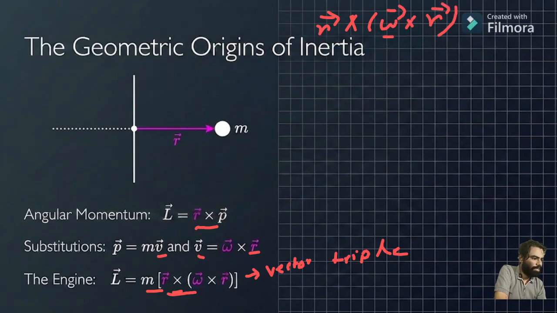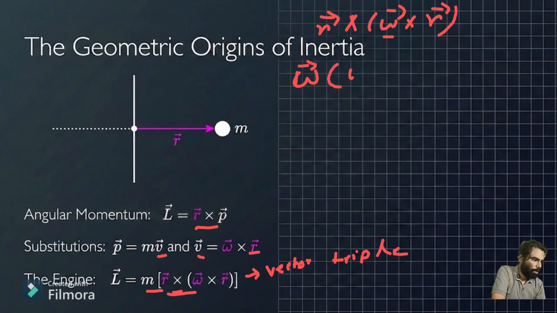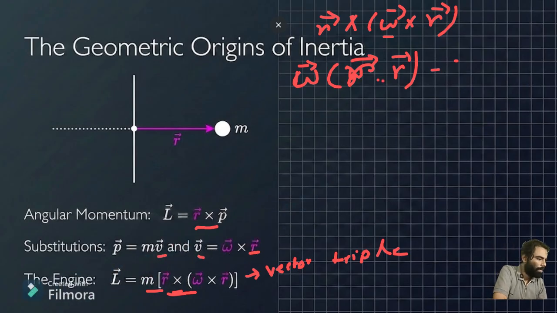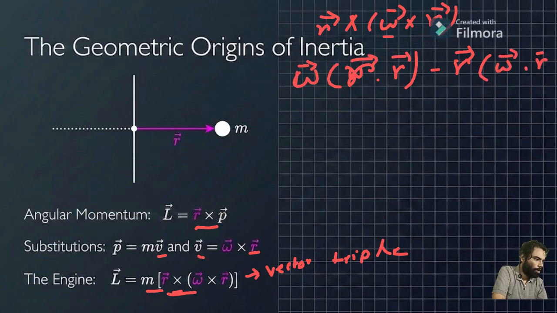Here we are considering this as B. So omega BAC, omega AC, that is R dot R, minus now CAB, so R (omega dot R).